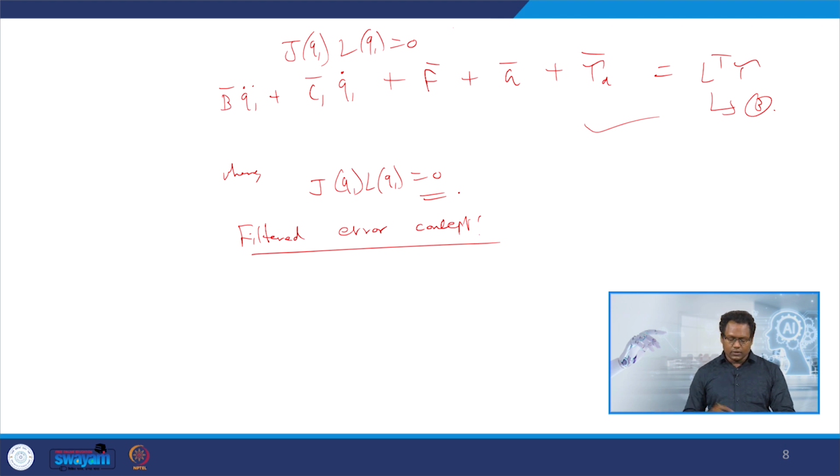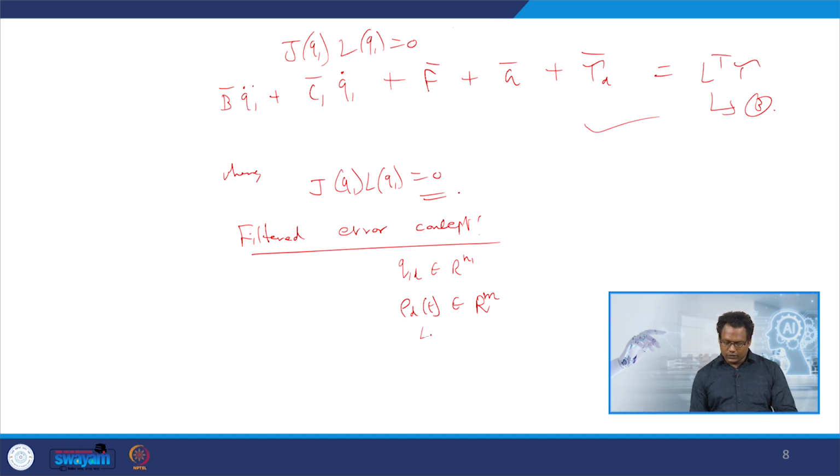The desired motion trajectory is in terms of q1d that belongs to the n1 Euclidean space, and the prescribed force is given by rho d of t that belongs to the m dimensional space.